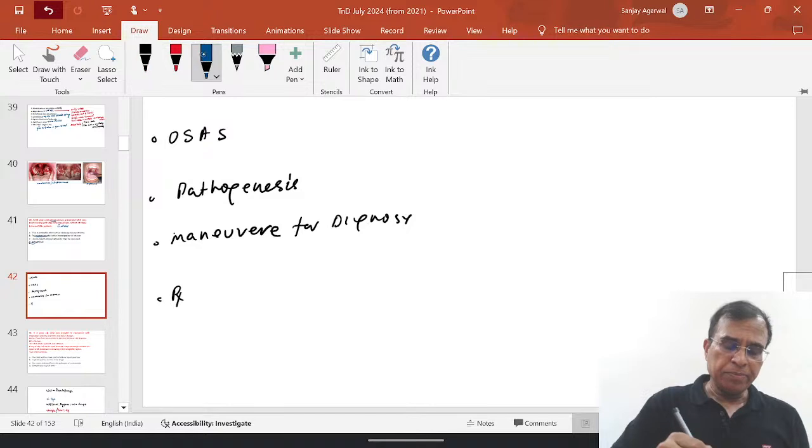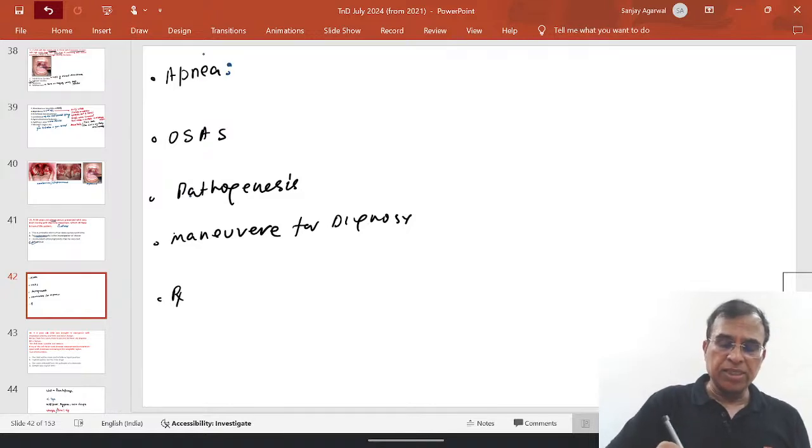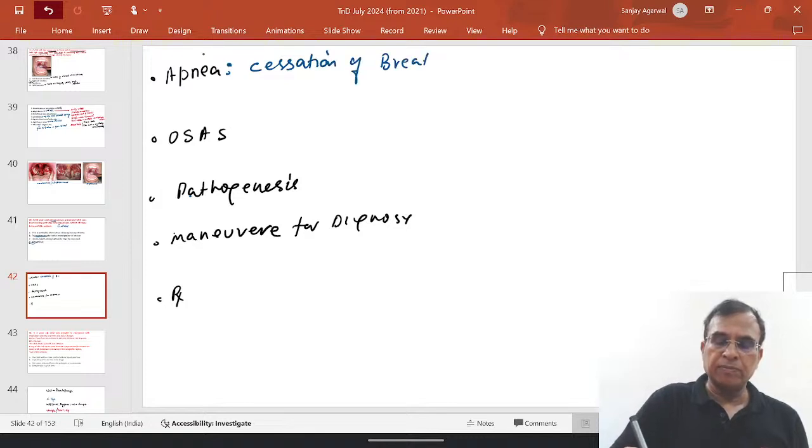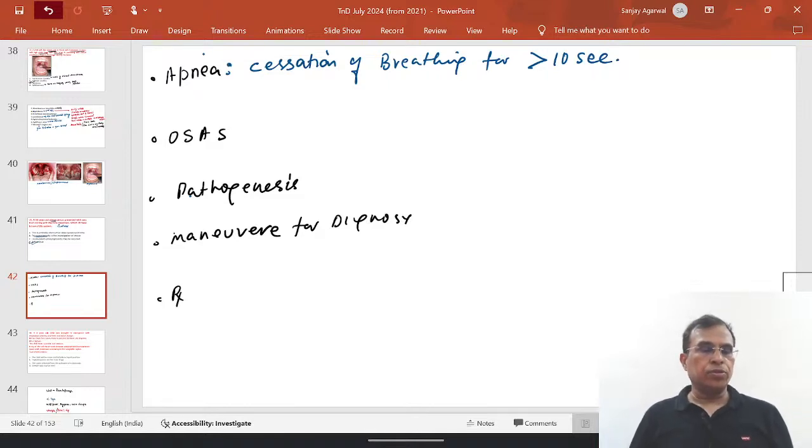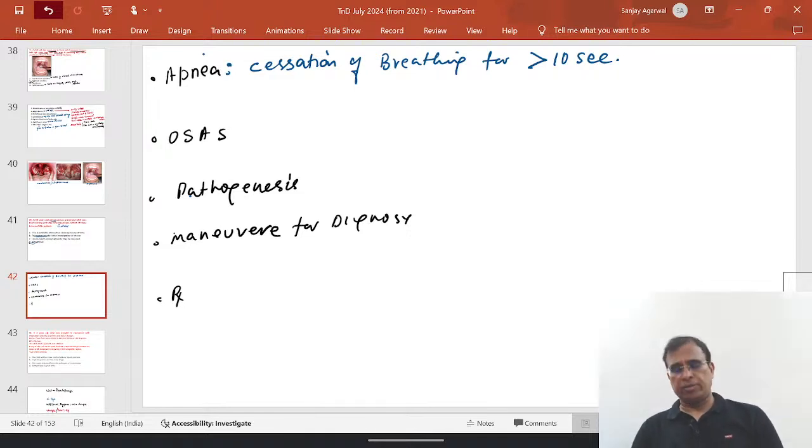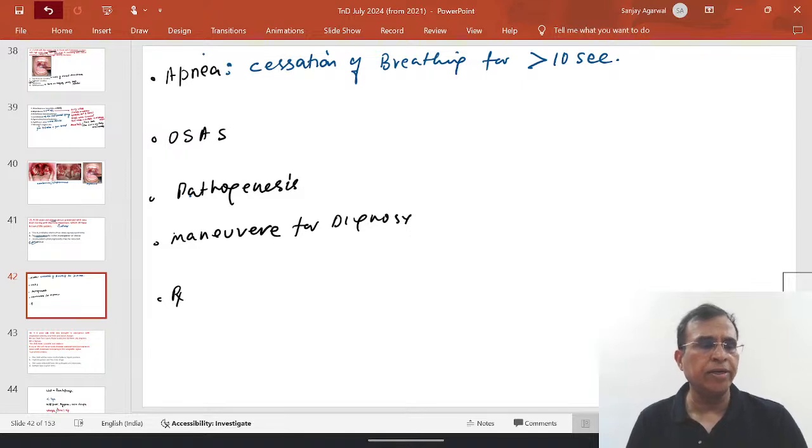So apnea is described as cessation of breathing for more than 10 seconds. So Soumya Jha is nearly right. It's not about bradycardia. Bradycardia is absolutely a wrong term, nothing to do with bradycardia.